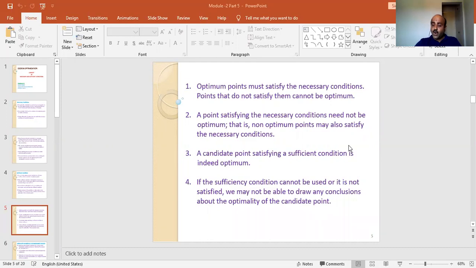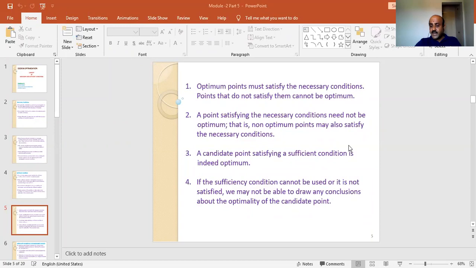A candidate point satisfying the sufficient condition is indeed an optimum. Candidate point, in the sense, is the point which satisfies the necessary condition. If it also satisfies the sufficient condition, then it is indeed an optimum point.